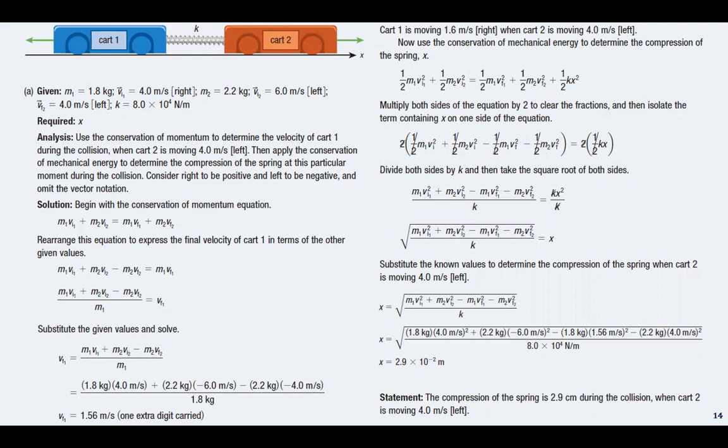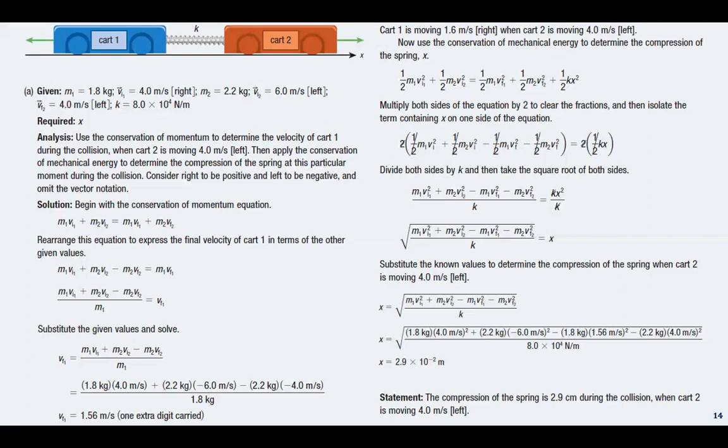Okay, first begin with the conservation of momentum equation. We have the initial total momentum equal the total momentum in the final state. So m1 vi1 plus m2 vi2 equals m1 vf1 plus m2 vf2. Then rearrange this equation to express the final velocity of cart 1 in terms of the other given values.